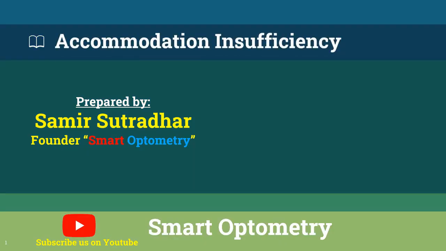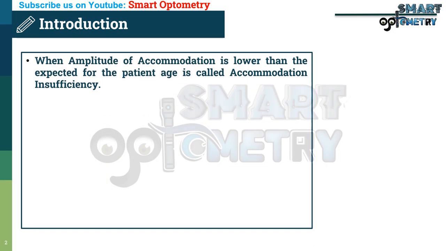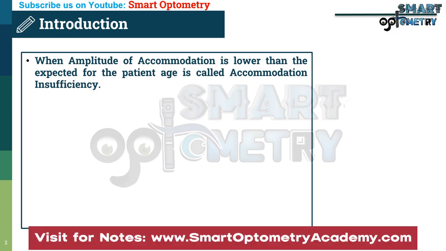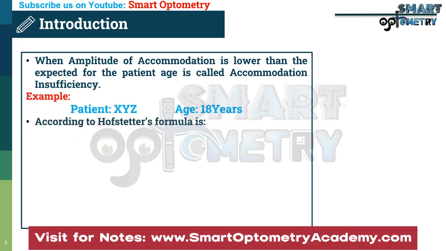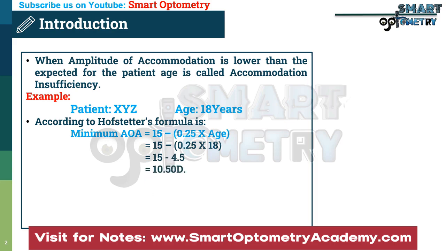Accommodation insufficiency. When amplitude of accommodation is lower than expected for the patient's age, it is called accommodation insufficiency. Suppose at the age of 18 years, the patient's minimum amplitude of accommodation according to Hofstetter's formula is: amplitude of accommodation equal to 15 minus 0.25 multiplied by age, or 15 minus 0.25 multiplied by 18, or 15 minus 4.5, or 10.5 diopter.